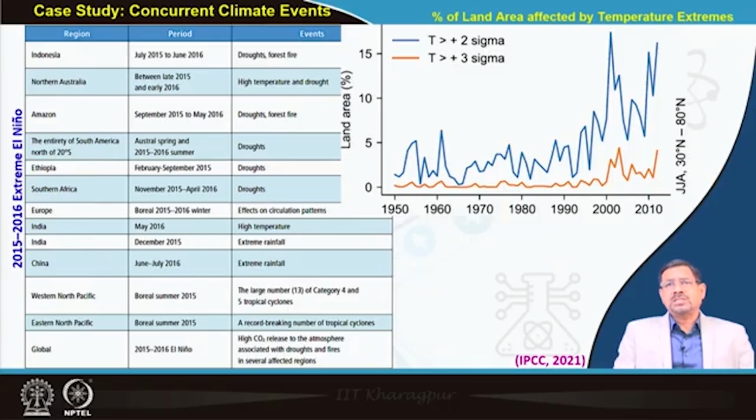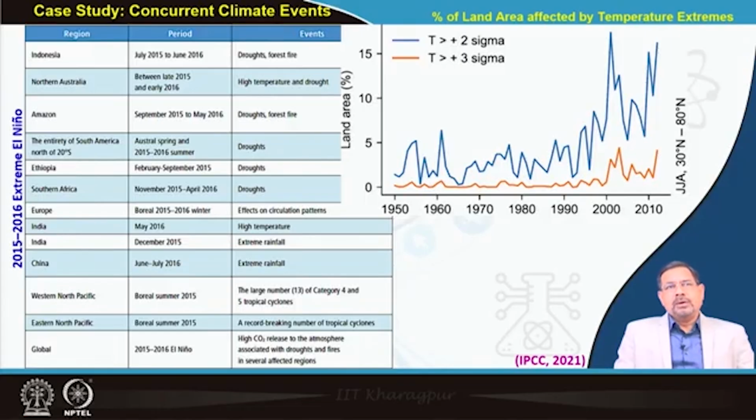So, there you see the extreme temperature will include up to 15% of the land area, whereas if it is 3 plus sigma, then it could include a little lesser land area, as shown by the magenta curve.